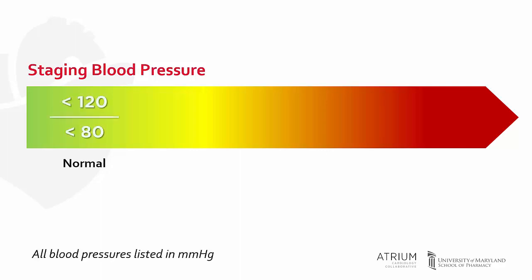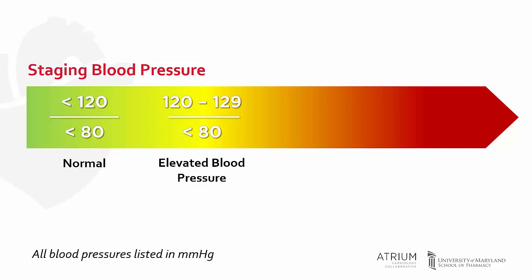Now, normal blood pressure is less than 120 over less than 80 millimeters of mercury. A systolic blood pressure of 120 millimeters of mercury to 129 millimeters of mercury over less than 80 is considered elevated blood pressure. Now, this classification refers to individuals who are at risk for developing hypertension in the future, but for whom lifestyle modifications may be sufficient for bringing blood pressure back under control.